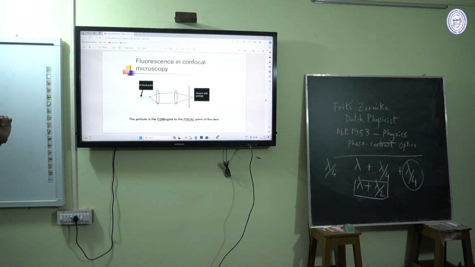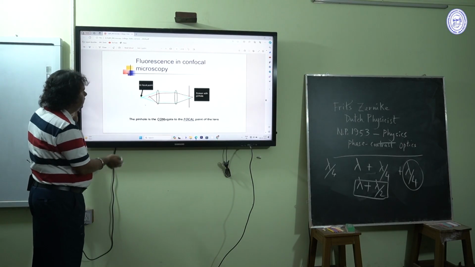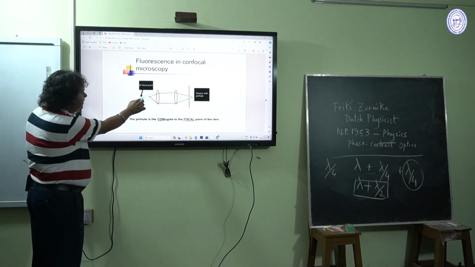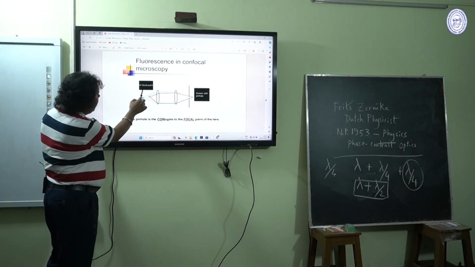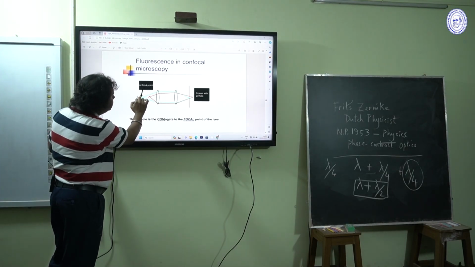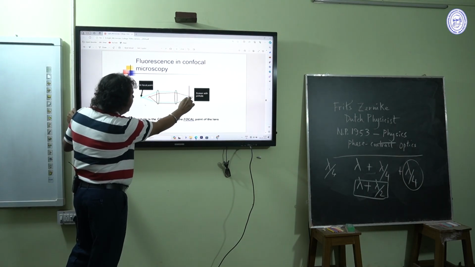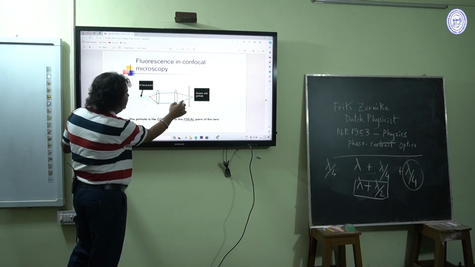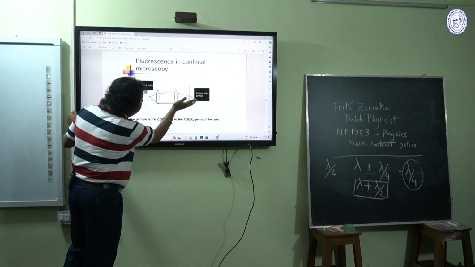Confocal means it is using the conjugate focal plane. Please try to understand. This colored light has its focal point here, passes through this lens and this lens, and then there is a pinhole, and this light is able to pass through the pinhole.